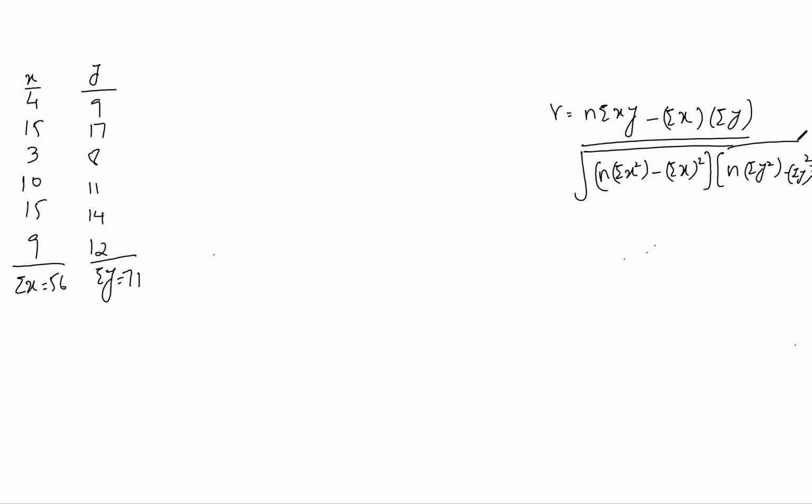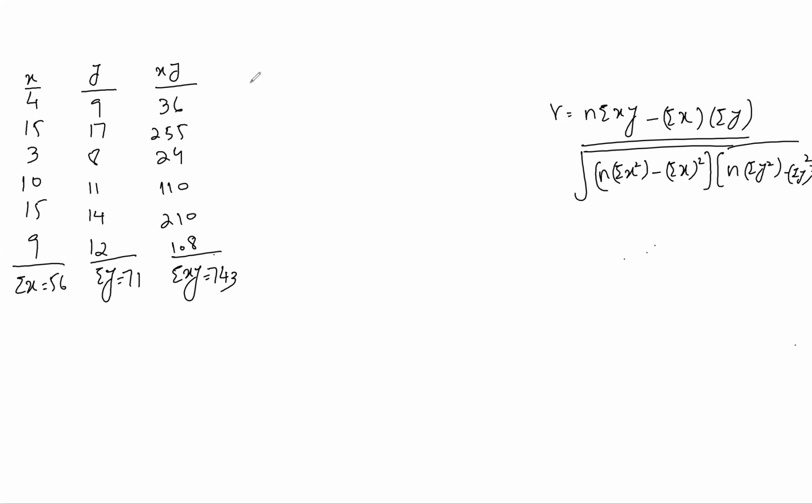So I have almost everything. I just need sum of xy. So xy is 36, 255, 24, 110, 154, 108. Sum of xy we have already calculated in the previous example as well.